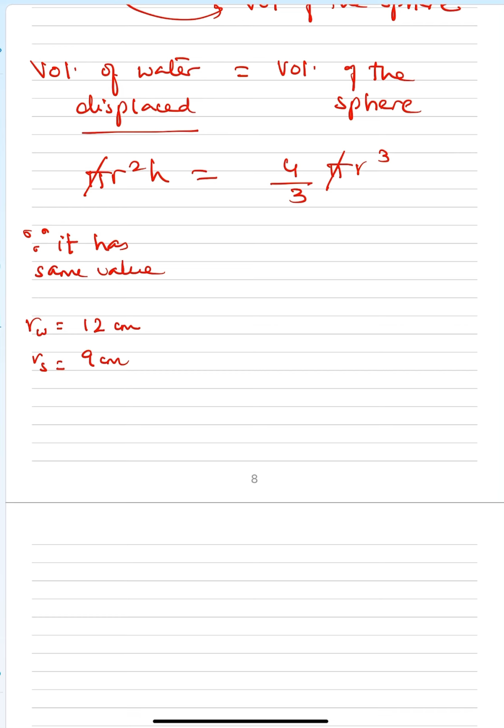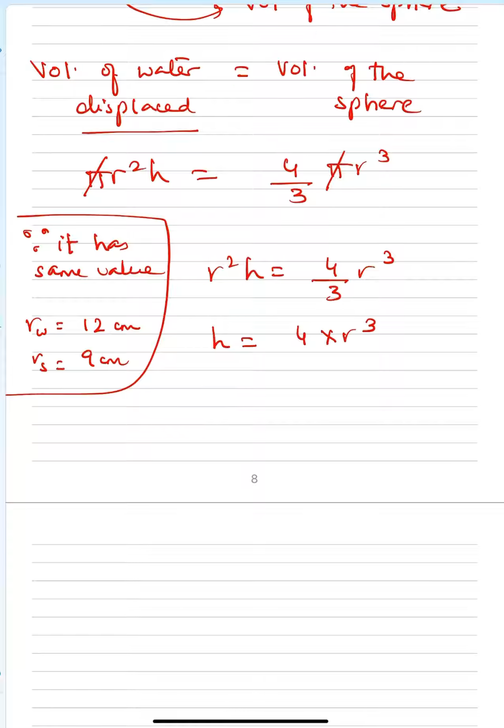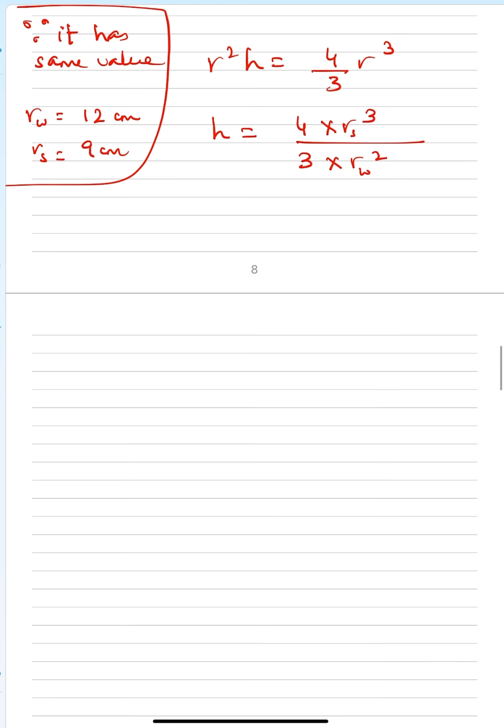Okay, now substituting this value, we will get r square h is equal to 4 upon 3 r cube. Now this is the formula. Let us keep h here only, and 4 into r cube whole upon 3 into r square. This is radius of the water, this is radius of the sphere. So we will write 4 into 9 into 9 into 9 upon 3 into 12 into 12.